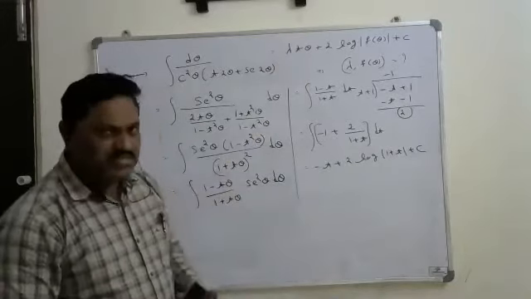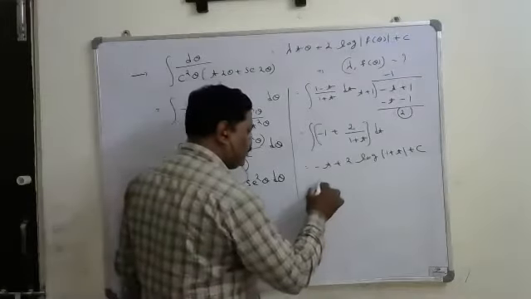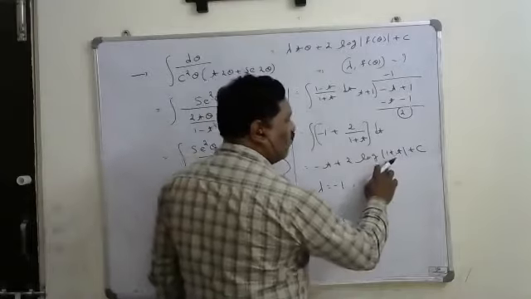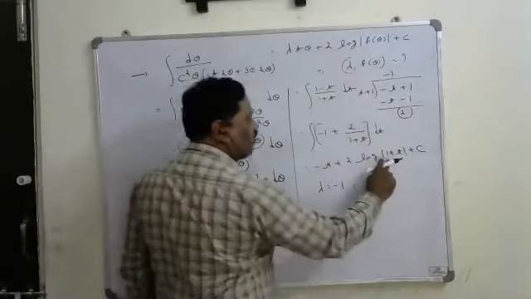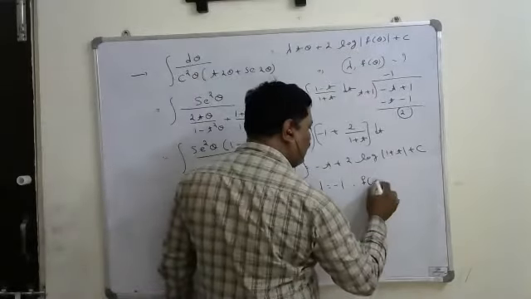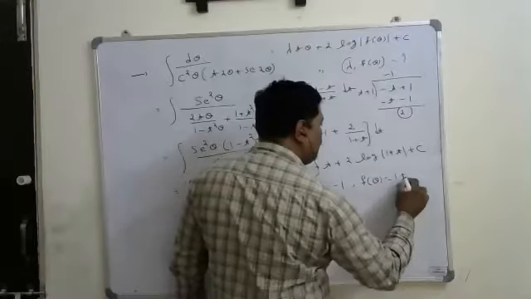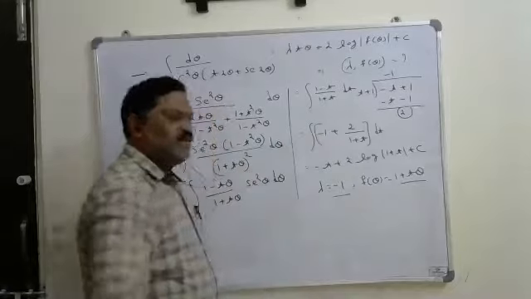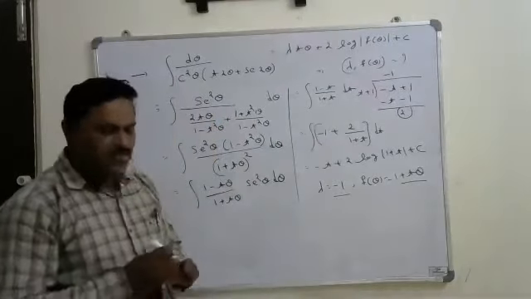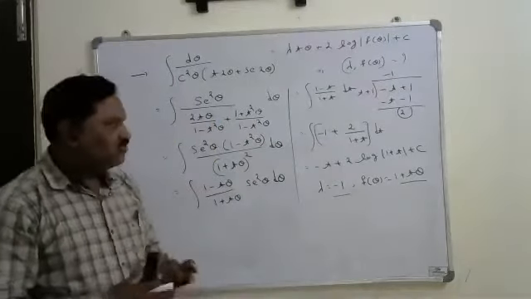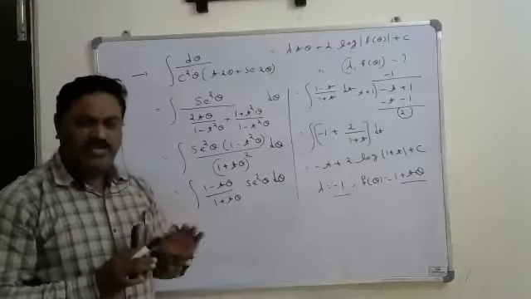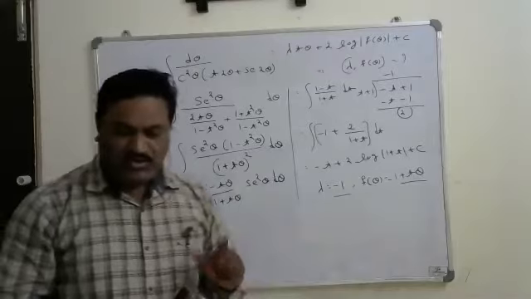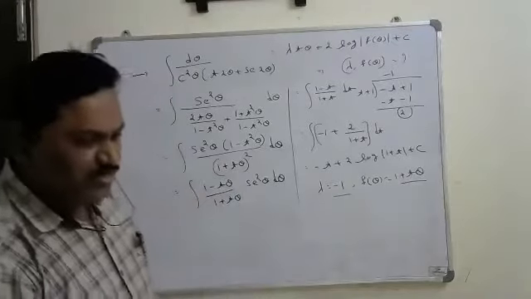Therefore, the value of lambda is minus 1. And for log mod (1 plus t), f of theta is 1 plus t, which means f of theta is 1 plus tan theta. So this is the answer: lambda is minus 1 and f of theta is 1 plus tan theta. Like that we should have the approach. This is the problem which was asked in the 2019 GMAT. Take that.